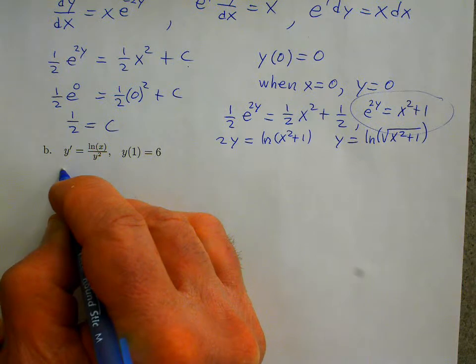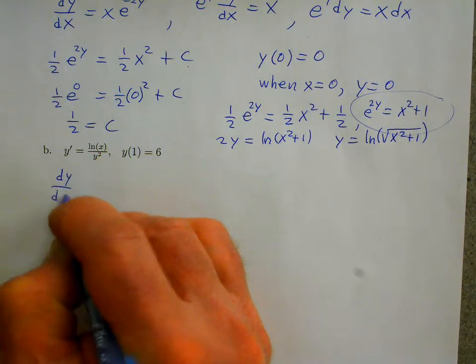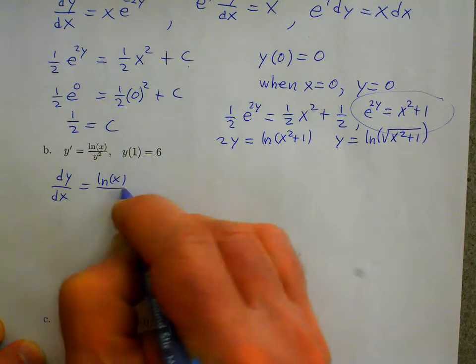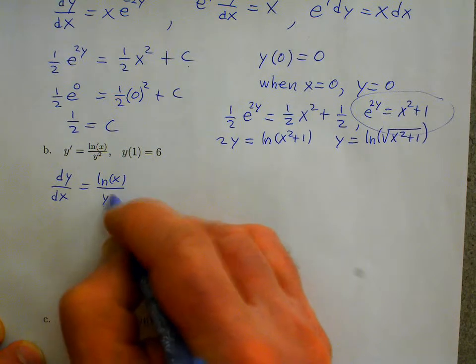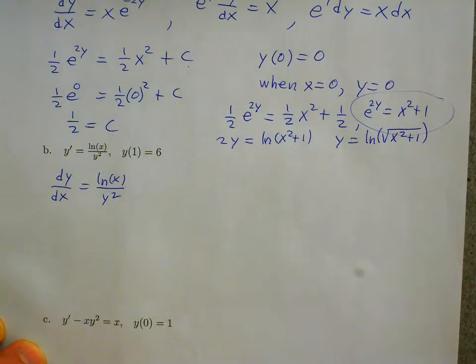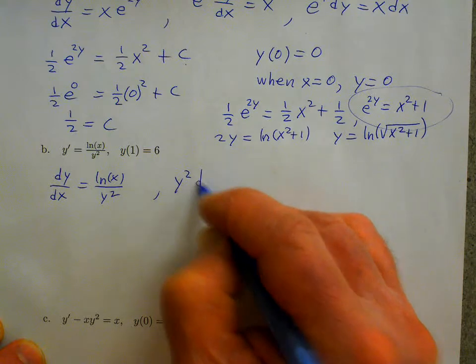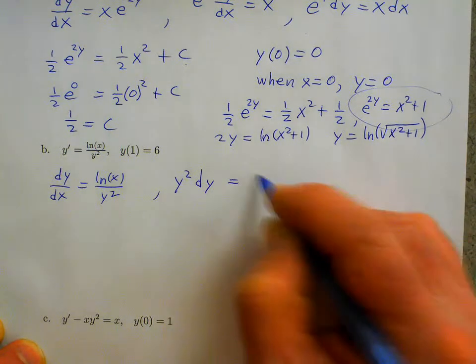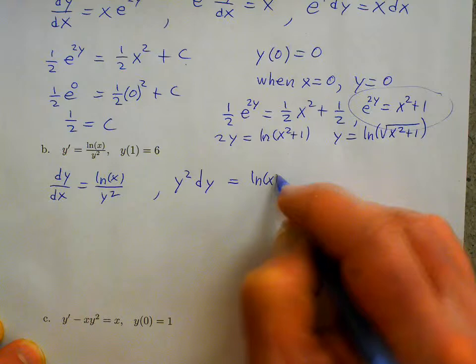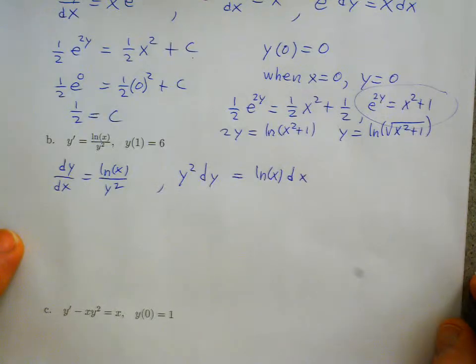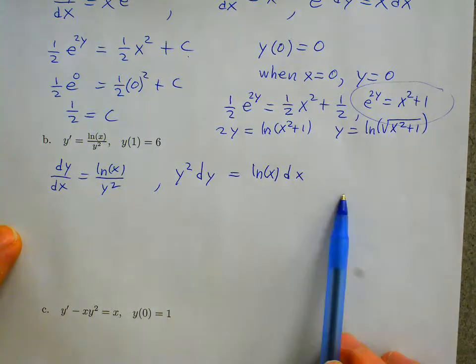Write y prime as dy dx. And then we can separate the variables. On the left-hand side, y squared dy. On the right-hand side, the natural log of x dx. And then integrate both sides.